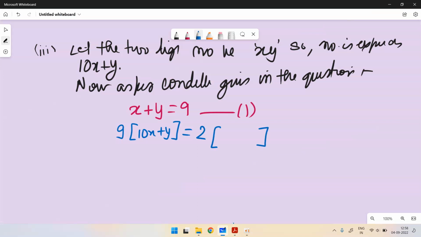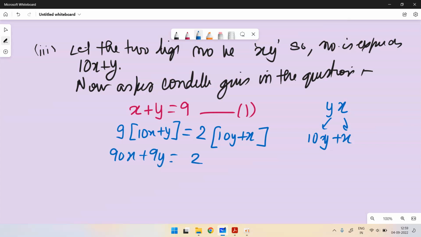If you reverse it, the number will become yx, and if you express this in decimal form, this is 10y plus x. So this will be 10y plus x. If you open this, it is 90x plus 9y equal to 20y plus 2x.